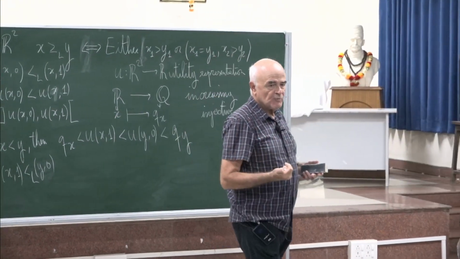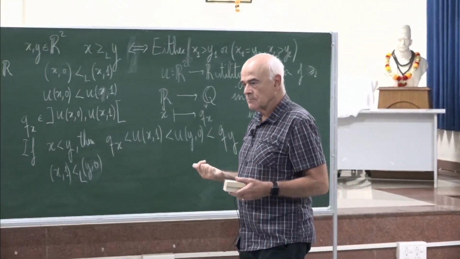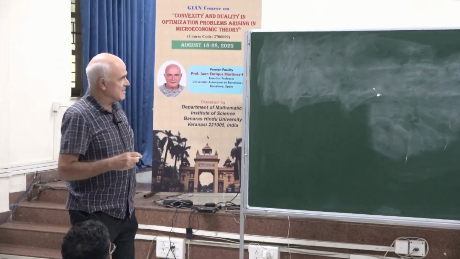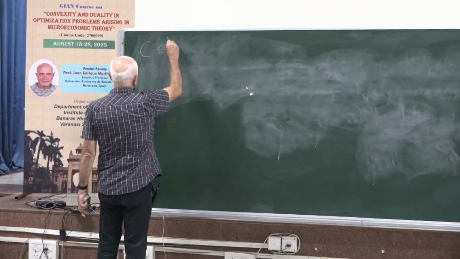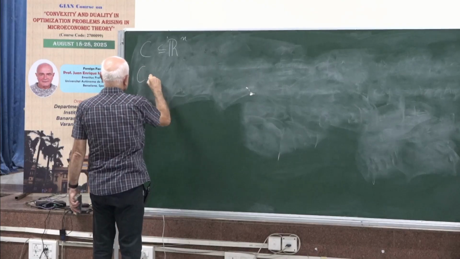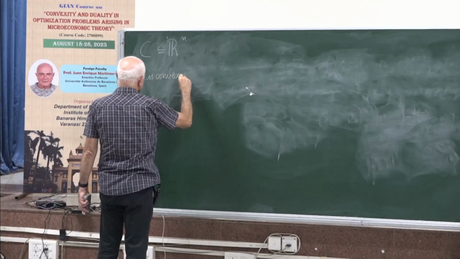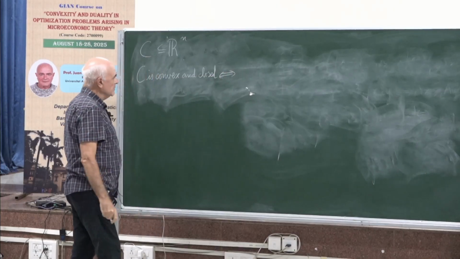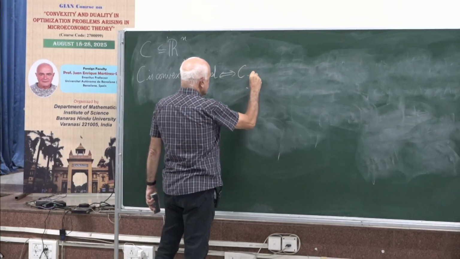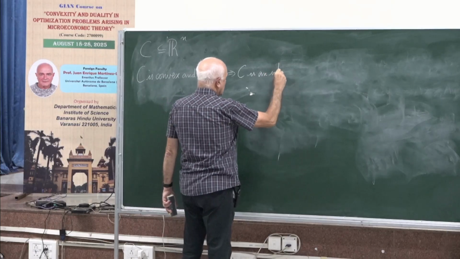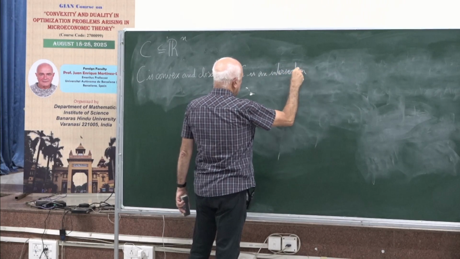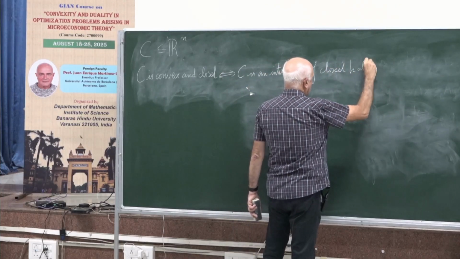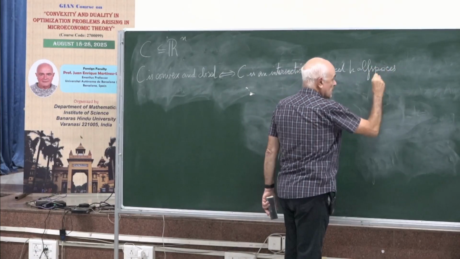We'll run the separation theorem for closed convex sets. An immediate consequence of the separation theorem is that a set C in Rn is convex and closed if and only if C is an intersection of closed half spaces.